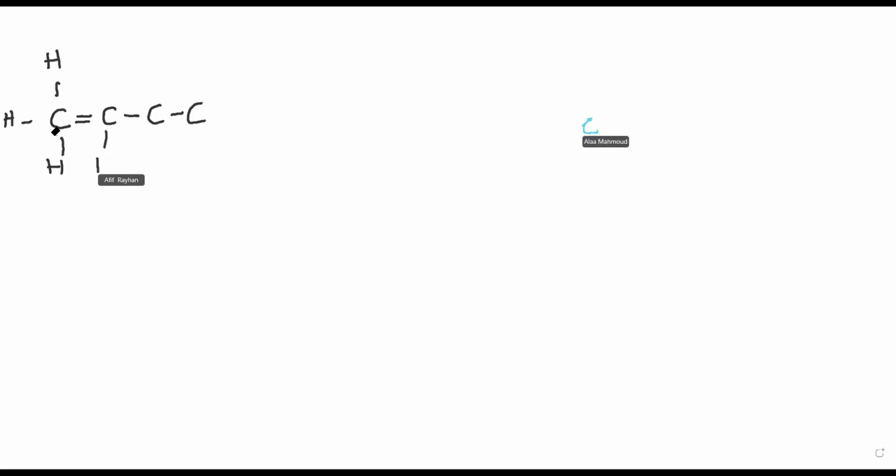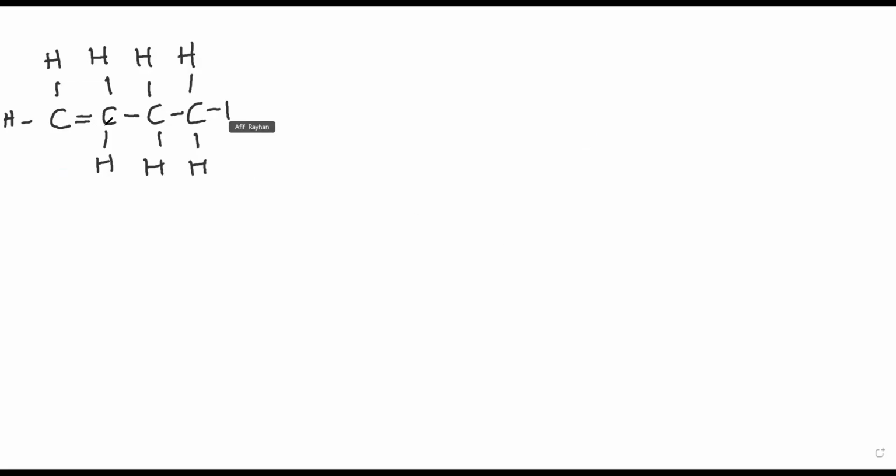This should not have hydrogen. This is extra hydrogen because carbon maximum can form 4 bonds. So this should not be there. You can also draw cyclobutane. That's also correct. Again, this carbon, because you showed 1, 2, 3, 4, 5 bonds. So carbon maximum can form 4 bonds. So one of them should not be there, either the top one or the bottom one.